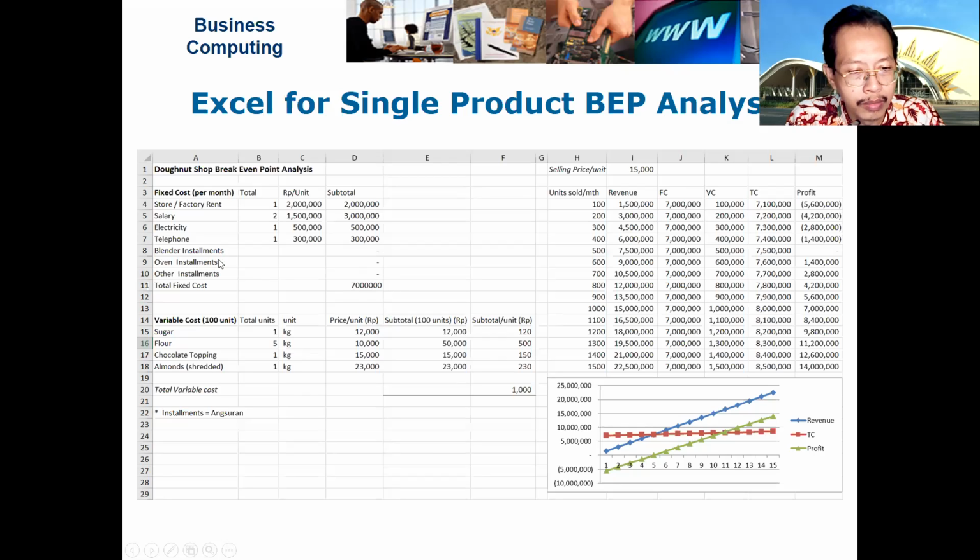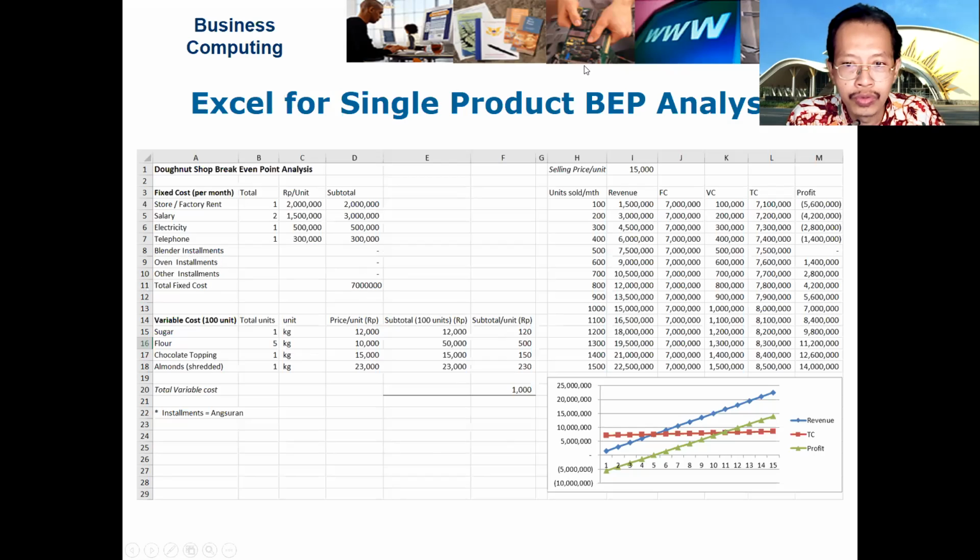The blender installment means you buy the blender using a credit from the bank. And then each month you would be paying an installment, we call it angsuran, or installment. For the oven, the other installment comes up at 7 million.